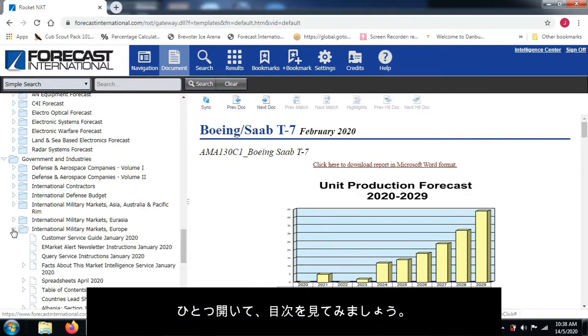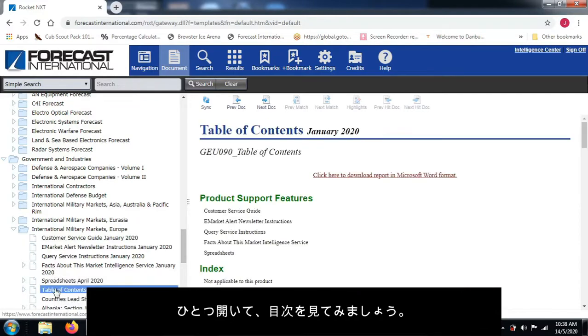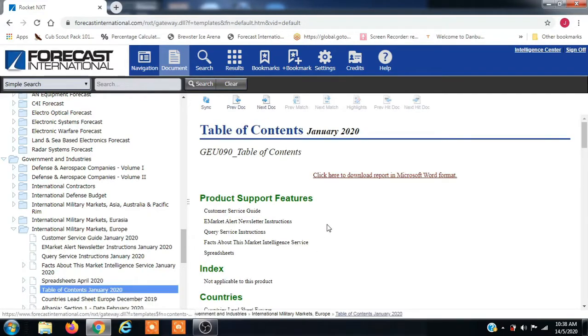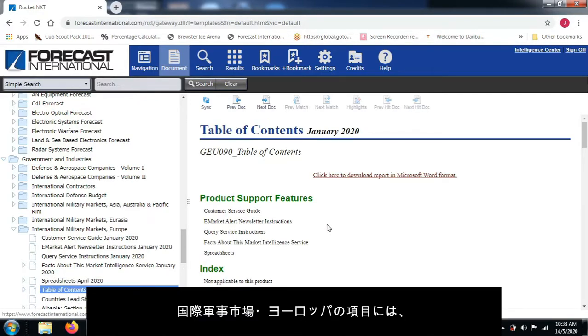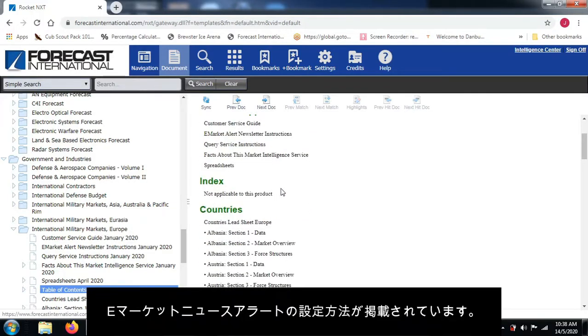Okay, so I open it up, and let's take a look at the table of contents. Inside IMM Europe, we can see the e-market alert newsletter instructions.